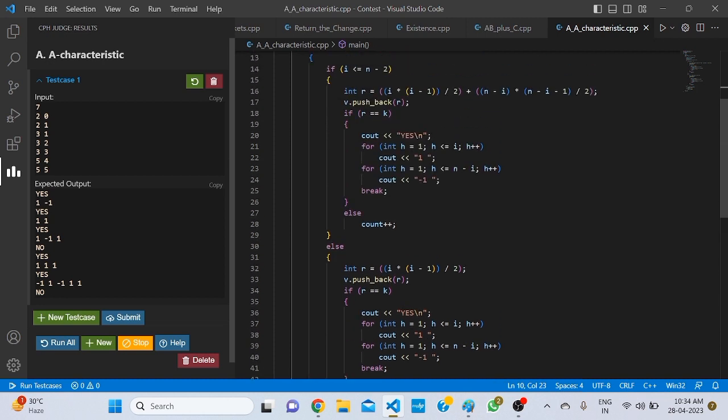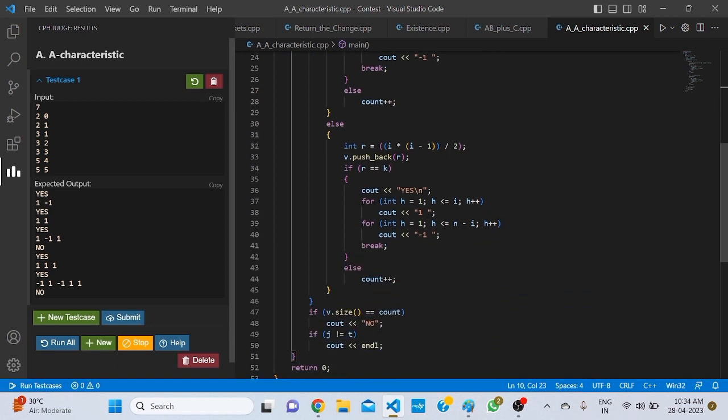After breaking the loop, one more thing: if our r is not equal to k, meaning the given k is not in the vector, then we will make a counter which is increasing. If our k is not in the vector, similarly here, we will count 1 type.